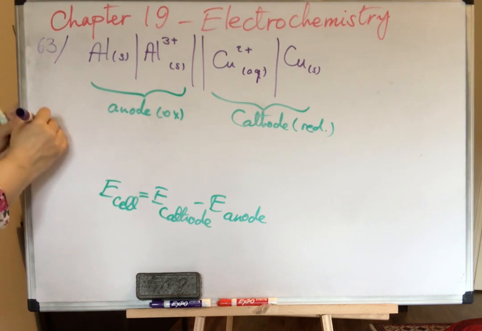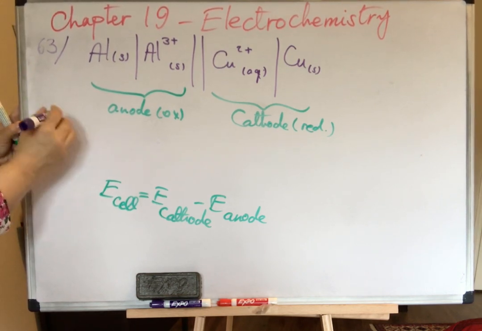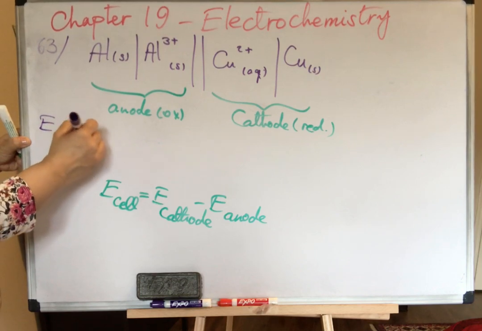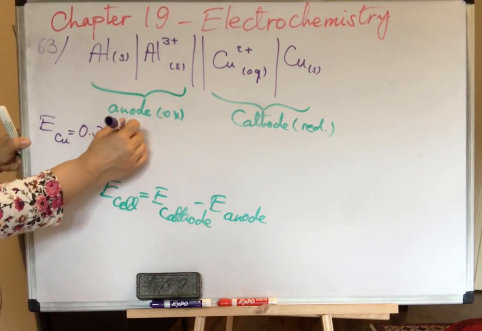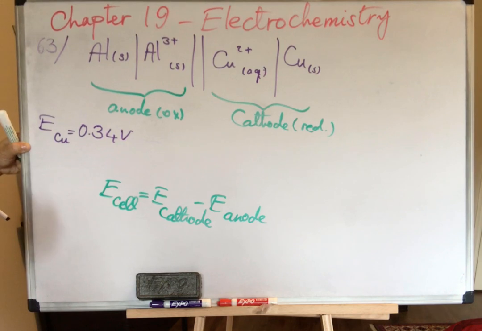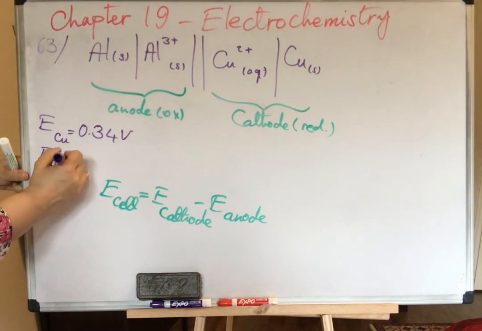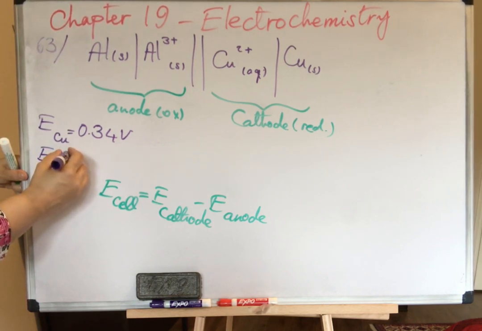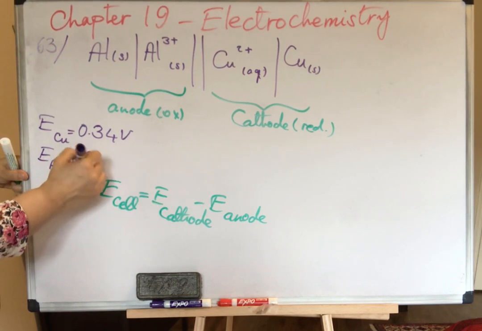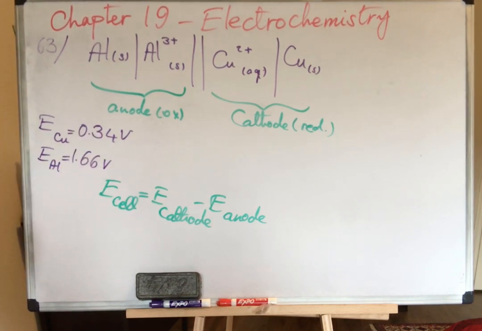So E for copper is positive 0.34 volts, and for aluminum is 1.66 volts, right? Because what you see on the table is for its reductions. So for its oxidation, it's the opposite sign.